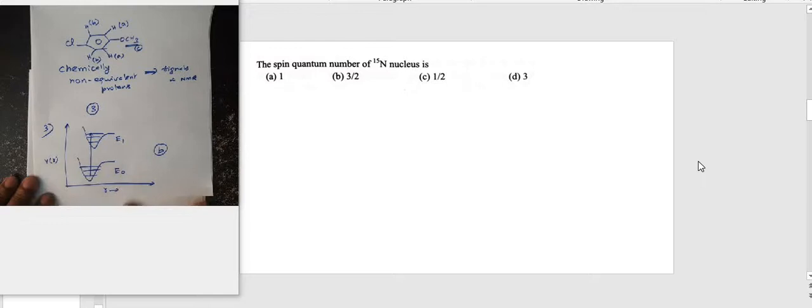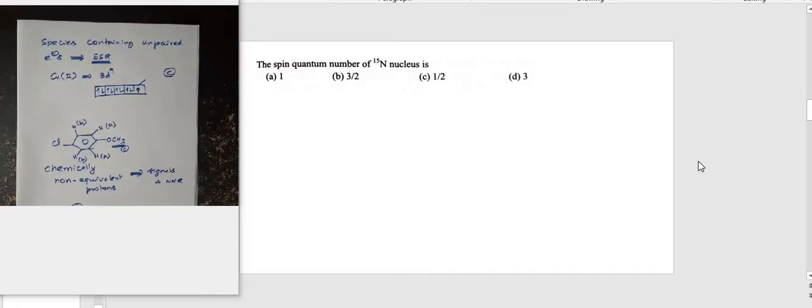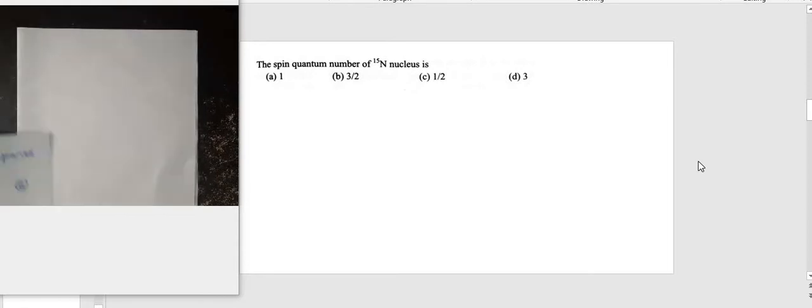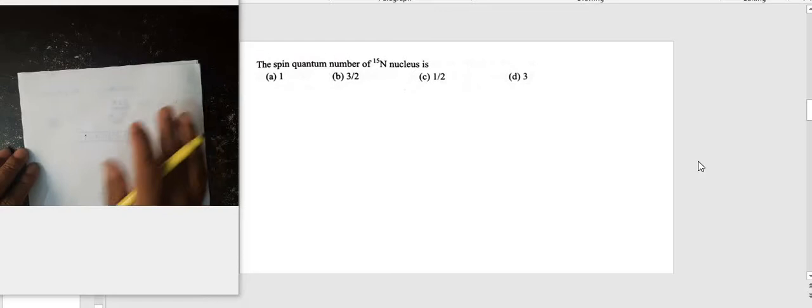the spin quantum number of N15 nucleus is, listen, actually by using Nordheim's rule we can also calculate, but for this you need to remember the nuclear shell model and how nucleons are arranged in nuclear shells.